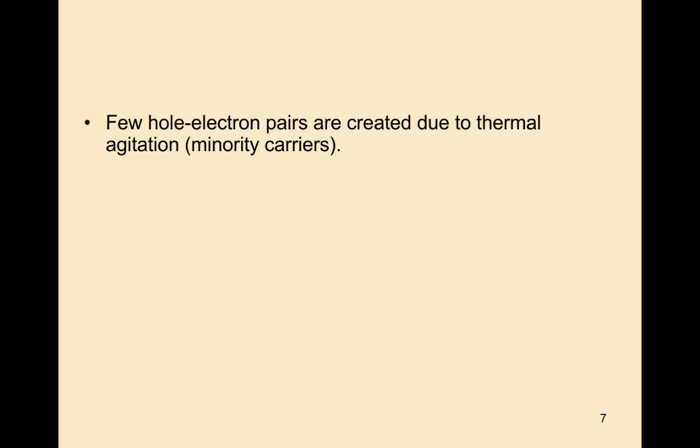That means due to minority carriers there is some flow of current in the diode, generally in microamperes or nanoamperes.